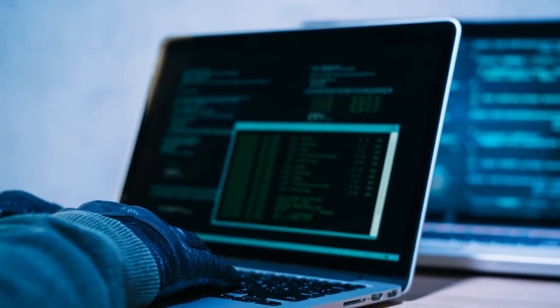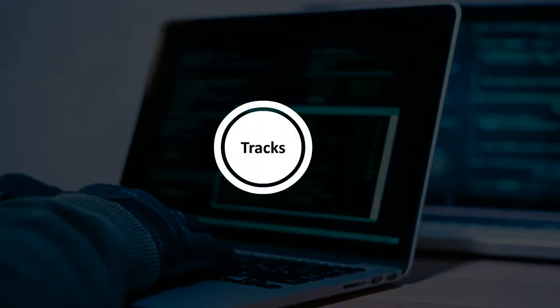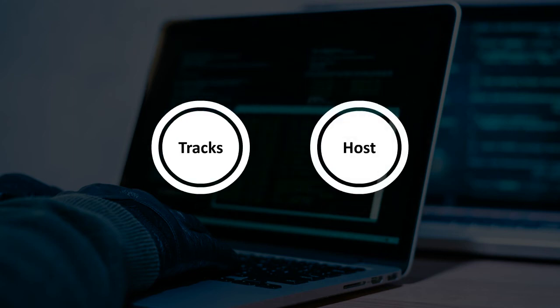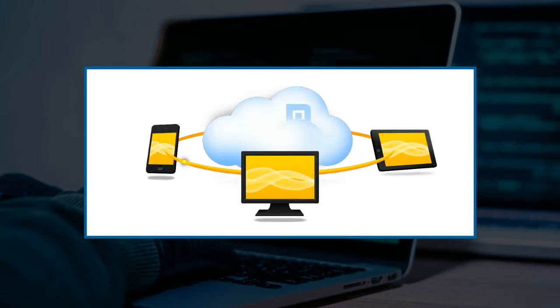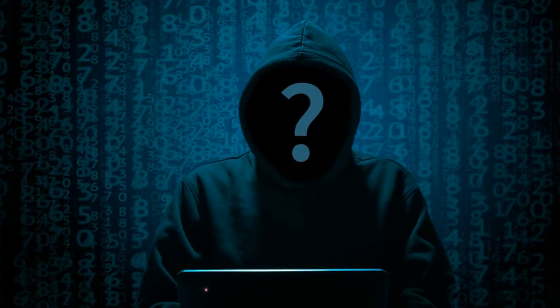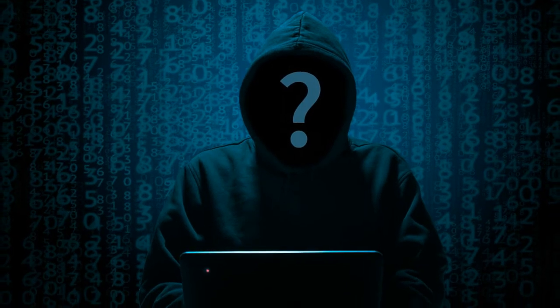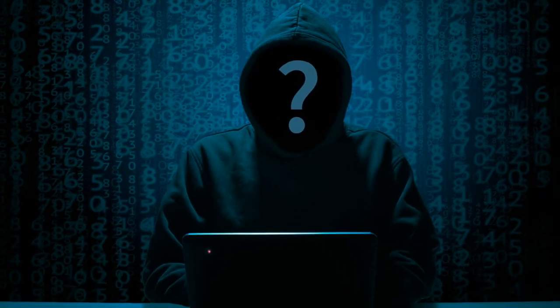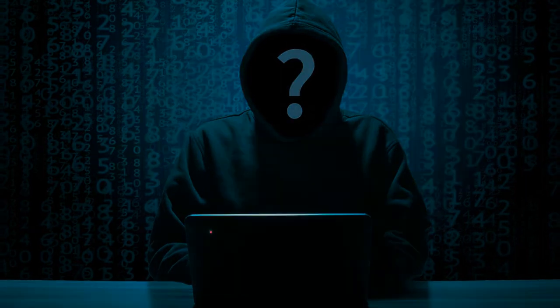A smart thief always covers his tracks, and a host is often made on a cloud-based staging area where the stolen data temporarily resides. The data is finally extracted and moved out to an unknown location.